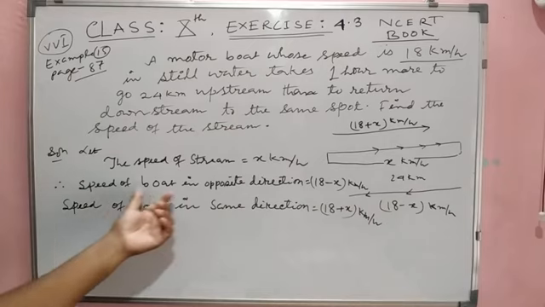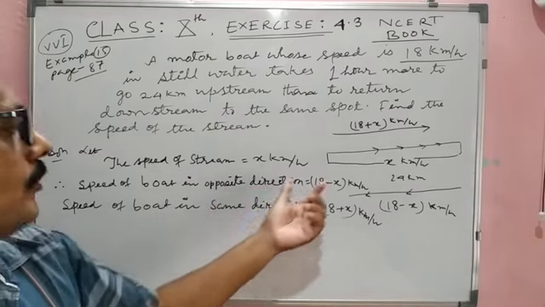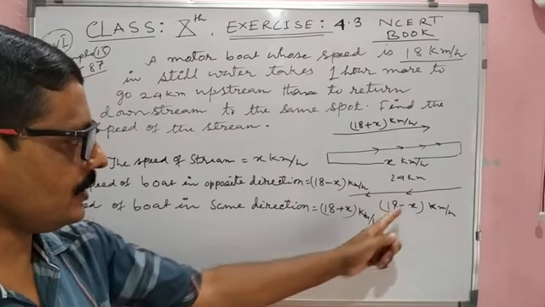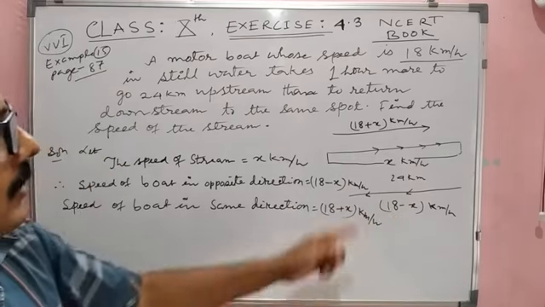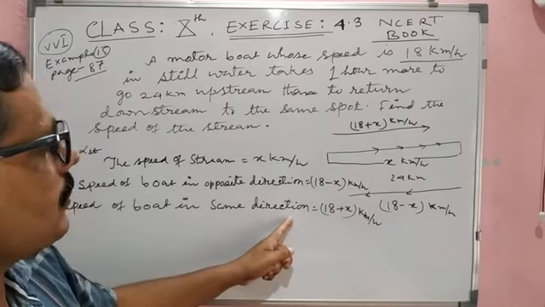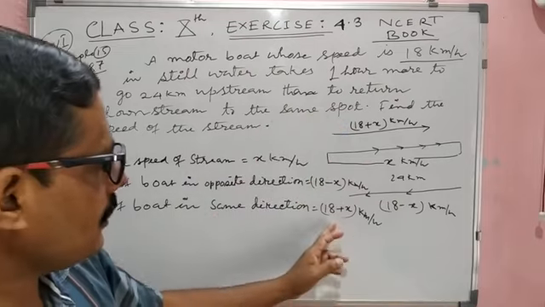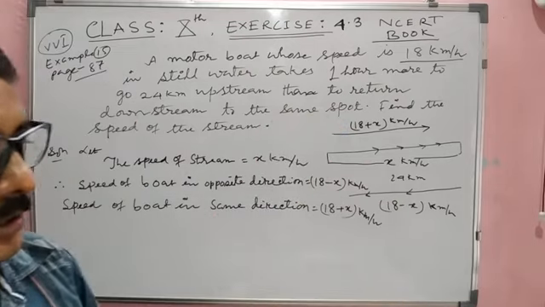So speed of boat in opposite direction of stream is 18 minus x kilometer per hour, and speed of boat in same direction as that of stream is 18 plus x kilometer per hour.